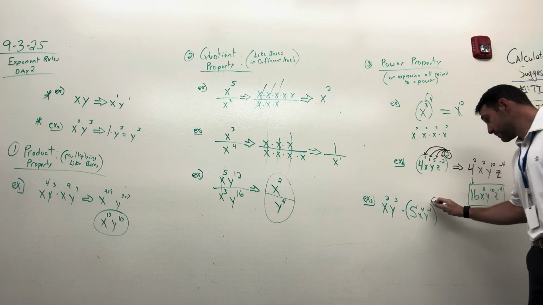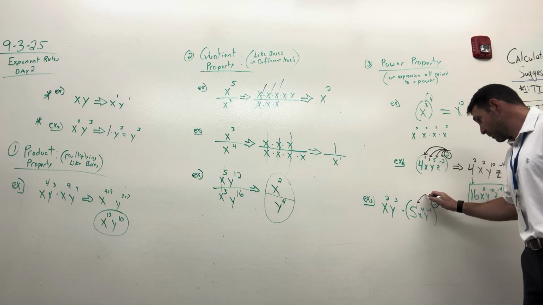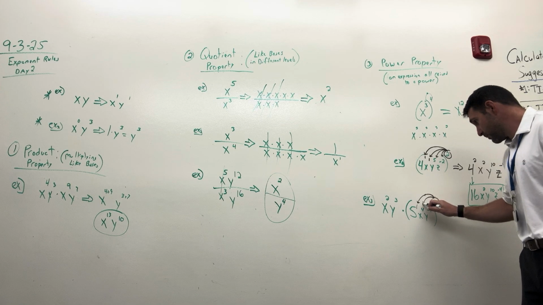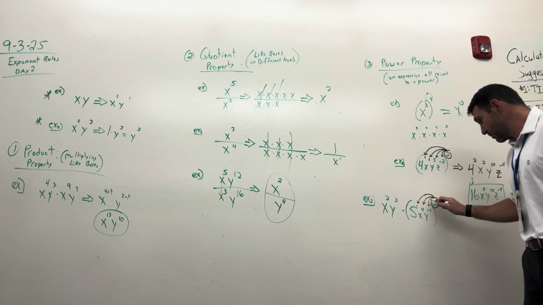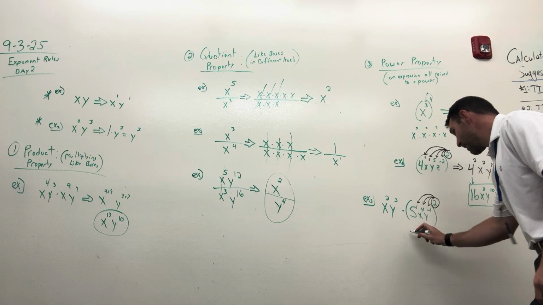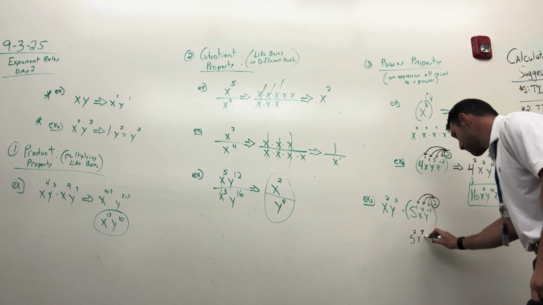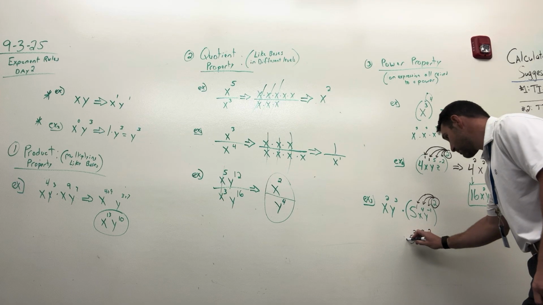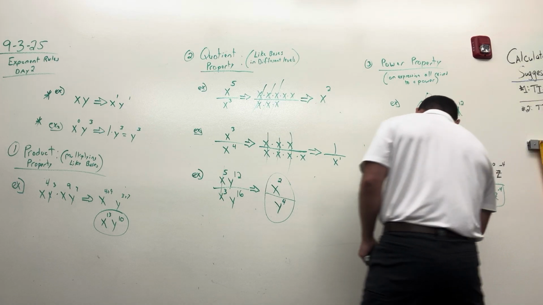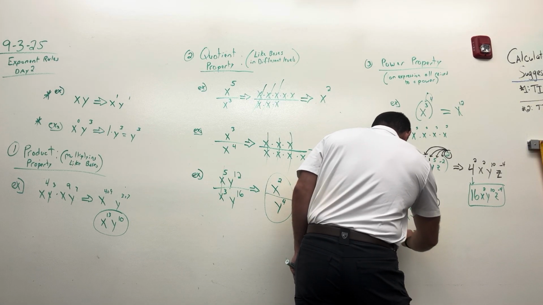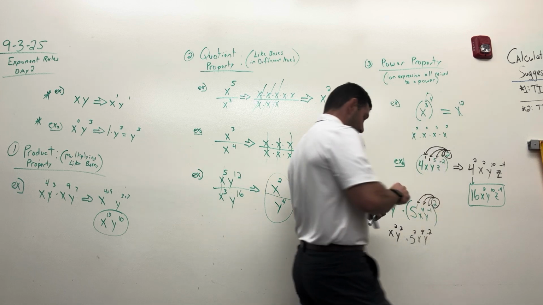We take the 2. We multiply it to the 1. We take the 2. We multiply it to the 4. We take the 2. We multiply it to the negative 1. So now I have 5 squared, x to the 8th, y to the negative 2. I don't need parentheses anymore. And then I have x squared, y to the 3rd.